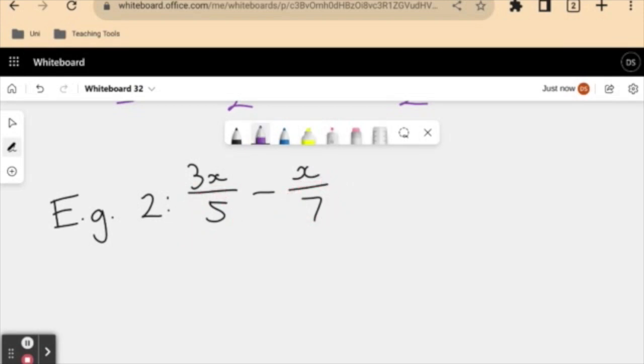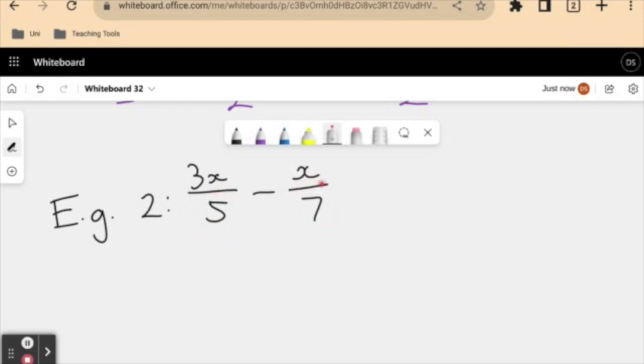But I'm looking at this, and we need these to be the same number. We need a common denominator to be able to work with adding and subtracting fractions. We need to make 5 and 7 into the same number, essentially.